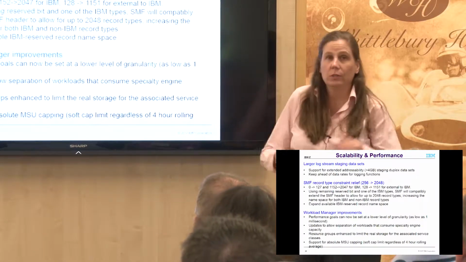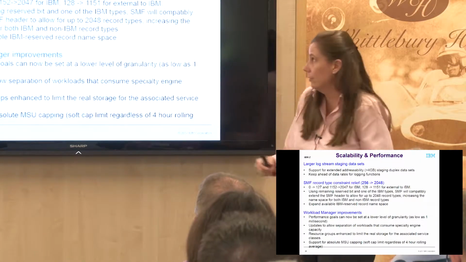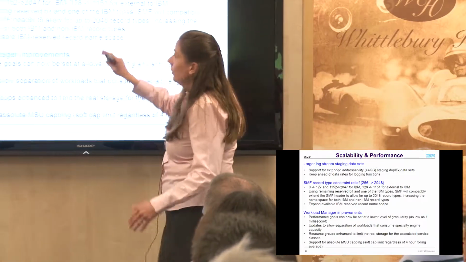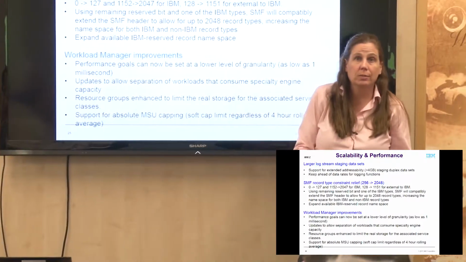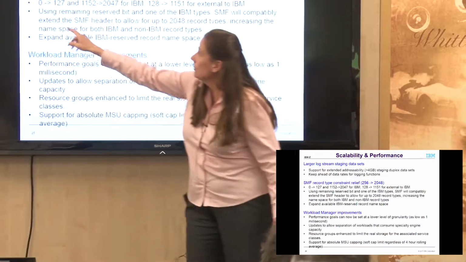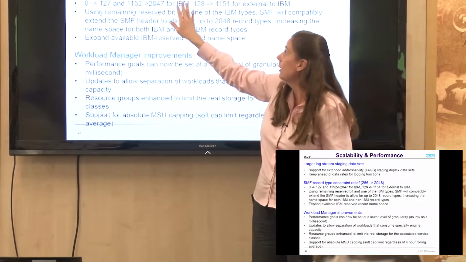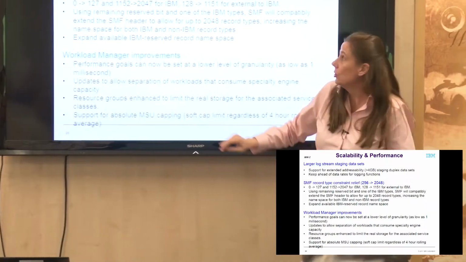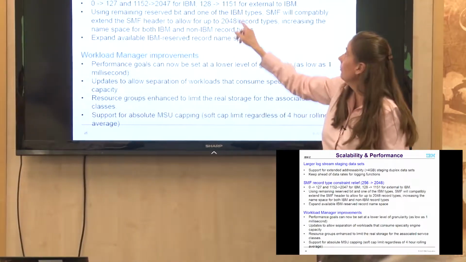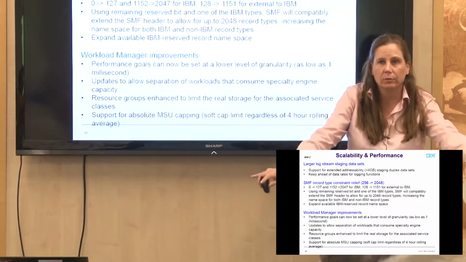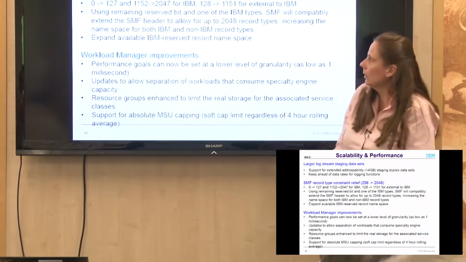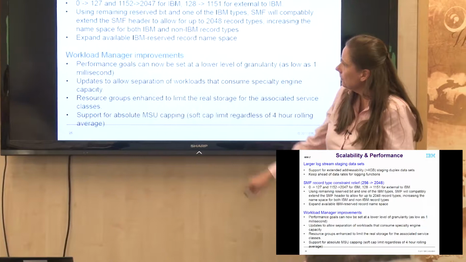With this additional extended format, we are going to reserve particular SMF records: 0 to 127, and then 1152 to 2047 are going to be for IBM's usage. And then 128 to 1151 is everybody else's. So we've got a whole lot more SMF record types.